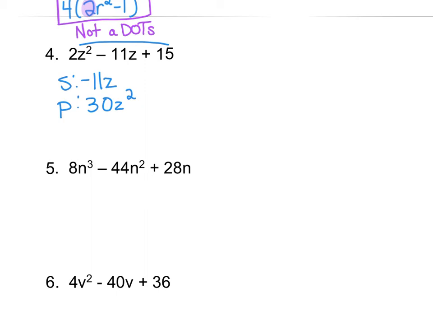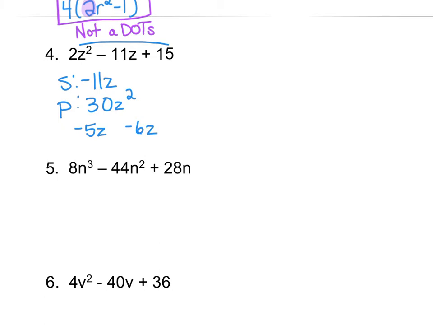So if we're thinking of our factors of 30, 1 and 30 is not going to work. 3 and 10 is not going to work. We do have 5 and 6. What would we have to do with the 5 and 6 in order to add to a negative 11? Those would both need to be negative. So our factors in this case would be negative 5z and negative 6z.